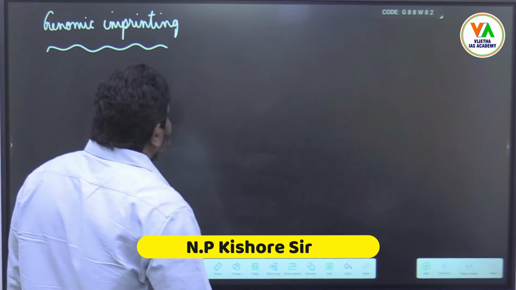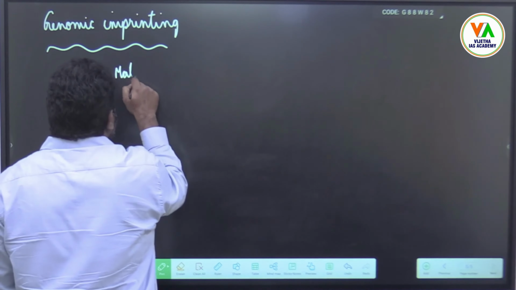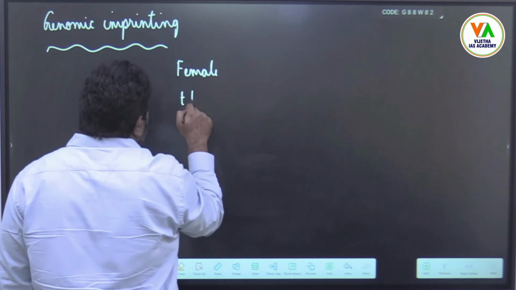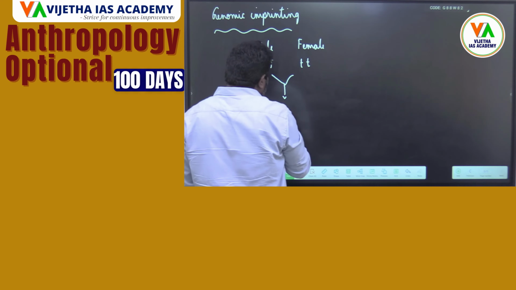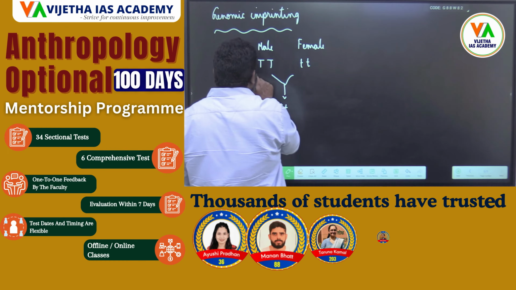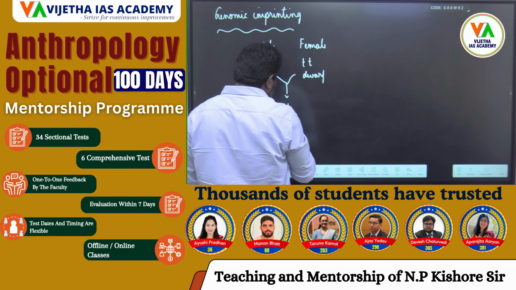See here, earlier we have seen if we take a male tall plant, capital T, and a female dwarf plant, small t, then what you get? You get capital T, small t. So this is tall, this is dwarf, so this is tall hybrid.